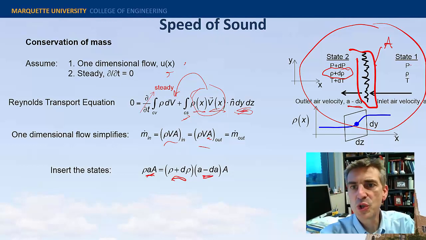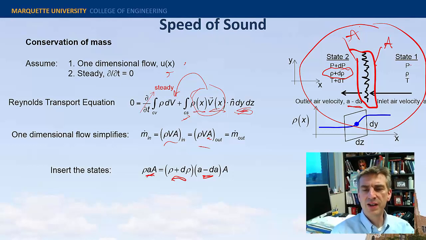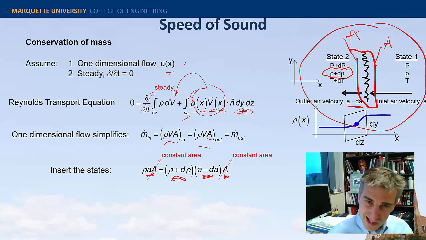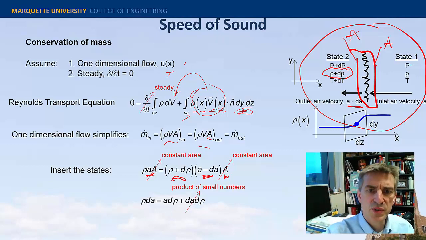And because I drew a square control volume, the area on the back side is just A as well, the same as the area on the front side. So the constant areas will cancel out. And if I FOIL this, if I multiply this out, I'll get something like this here. And notice that we're going to make this assumption that the product of small numbers, da times dρ, is negligible.